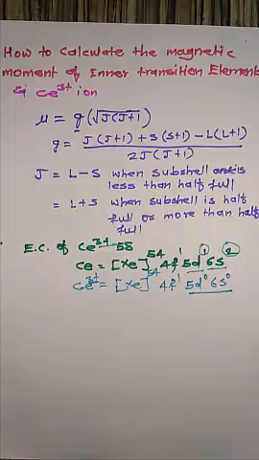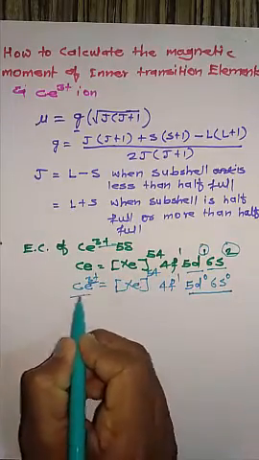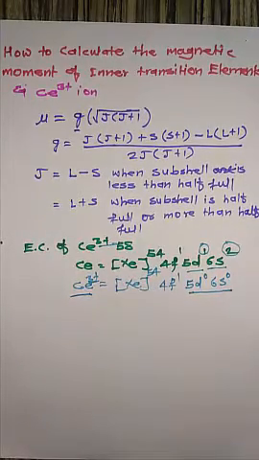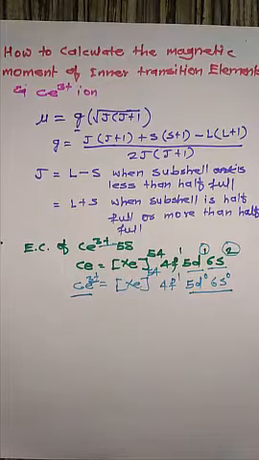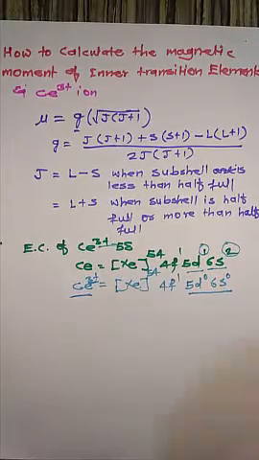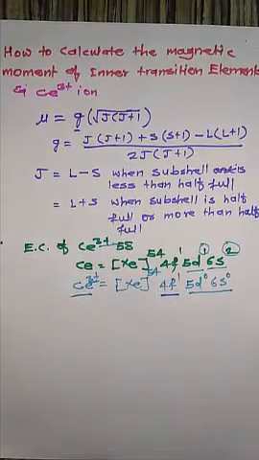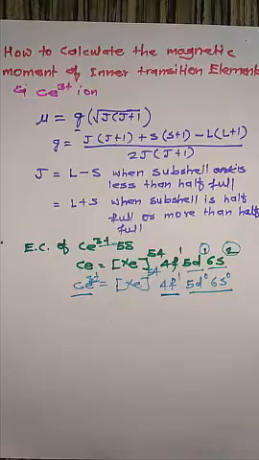Now we know that cerium has only 1 unpaired electron in its valence shell, in the 4f subshell.